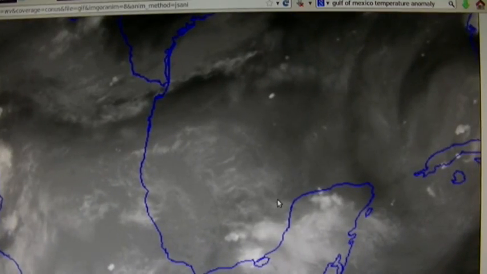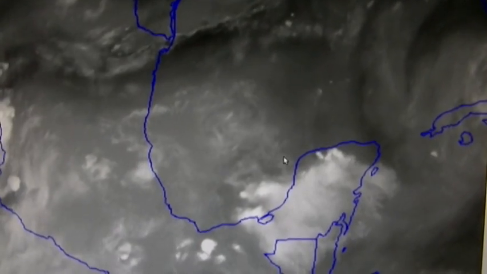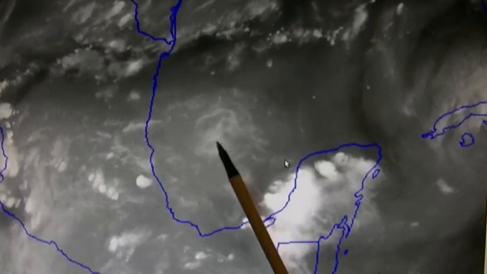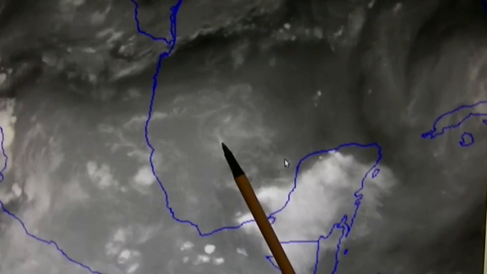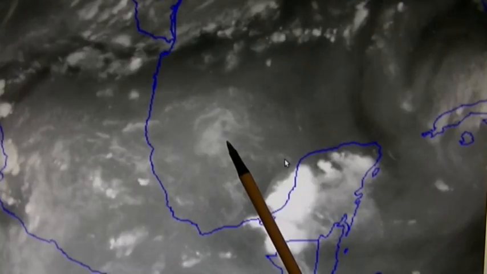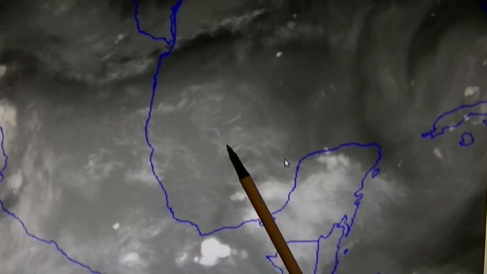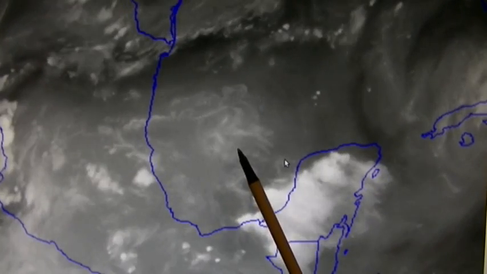So as much as they work to hide all this on the satellites, it's still there if you know what to look for. But there is no reason to have clockwise rotation on this cloud system here. It's absolutely classic.